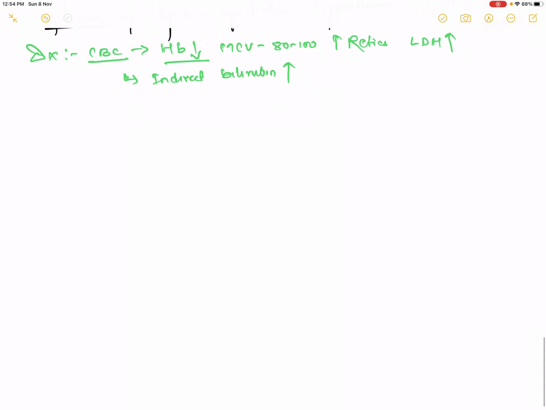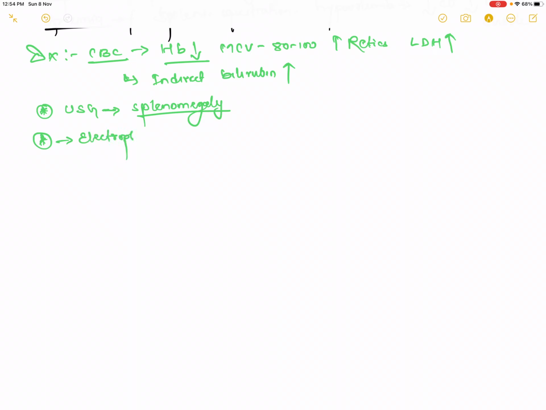The very next thing that we can do is an ultrasound of the abdomen to see maybe splenomegaly. But the gold standard to diagnose sickle cell anemia is hemoglobin electrophoresis. What will it show?